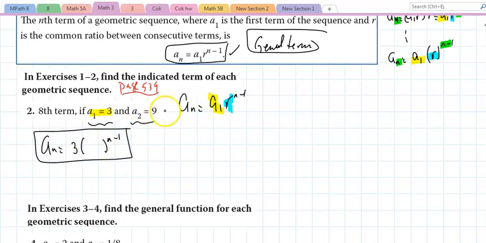And what do you notice here they say? They say A sub 2 is 9. So two ways of doing that. Either you say A sub 2 is A sub 1 times R to the 1, and that equal 9, but I know A sub 1 is a 3.